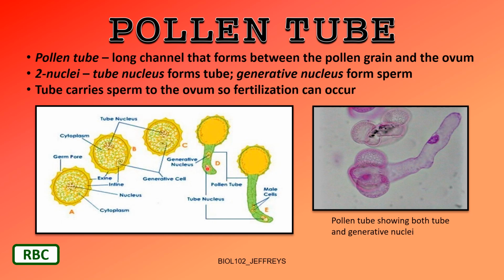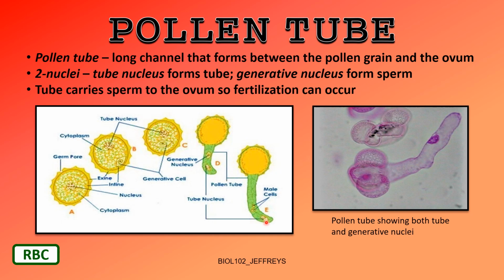Here it is forming, here it is getting longer and longer. Eventually the end of the pollen tube is going to reach the ovum within the ovary, and during the way the generative nucleus is going to divide into two cells, and those are going to be sperm cells.